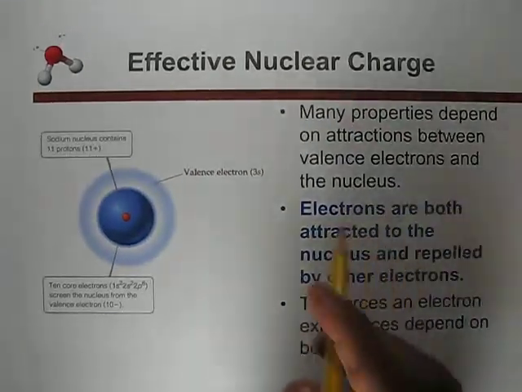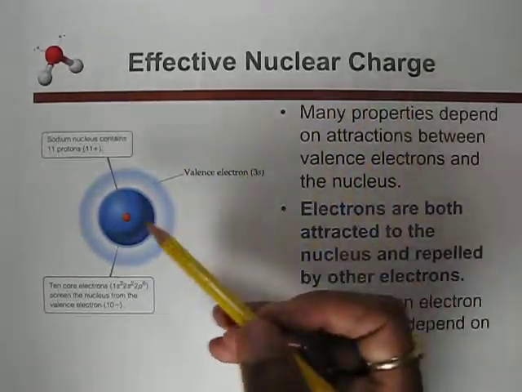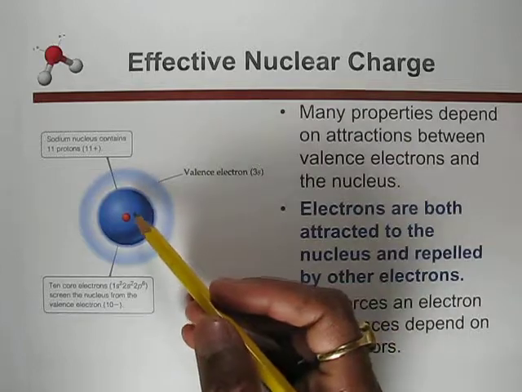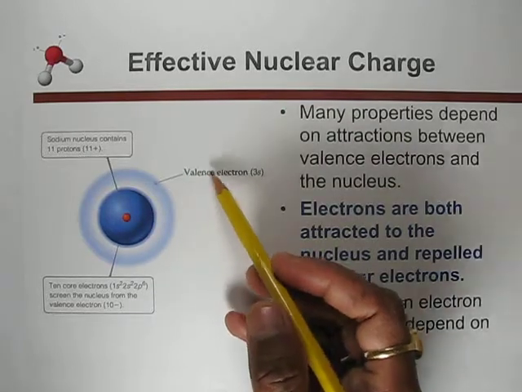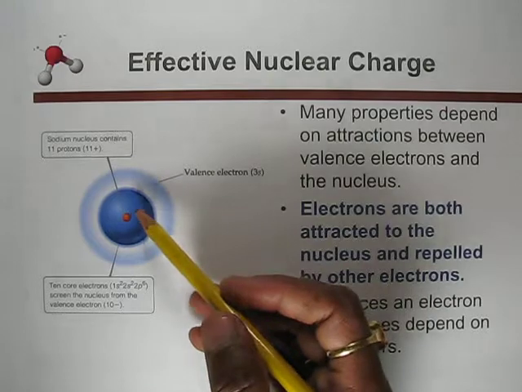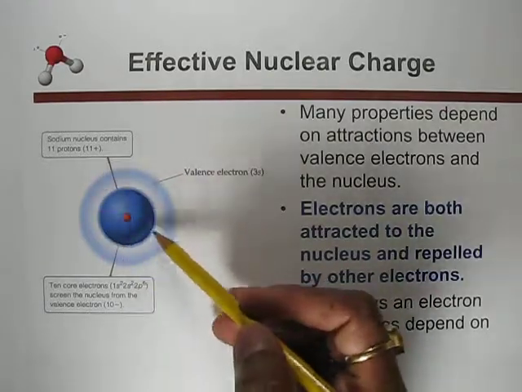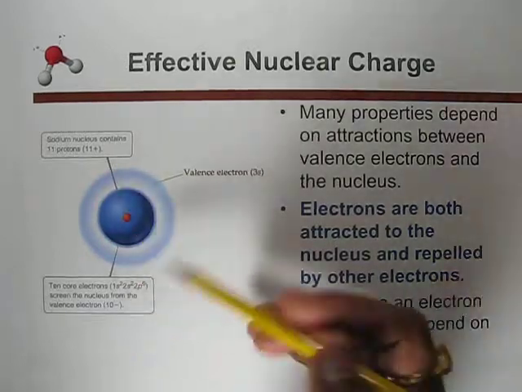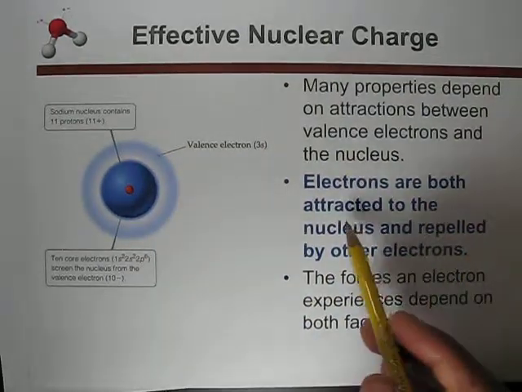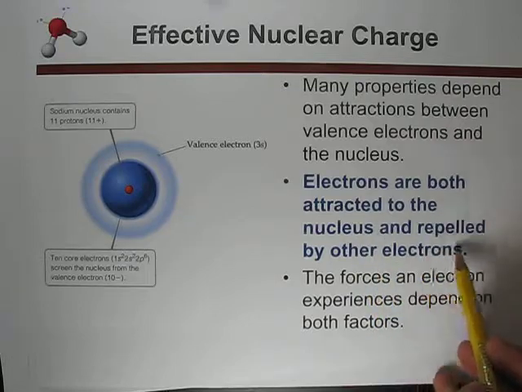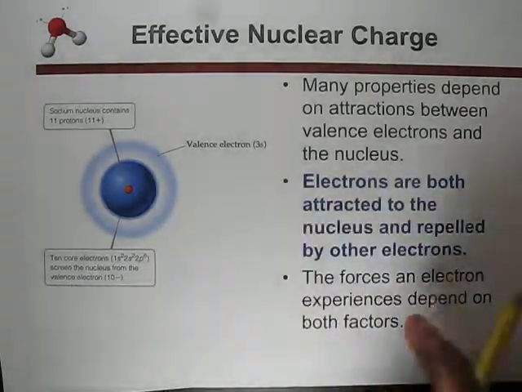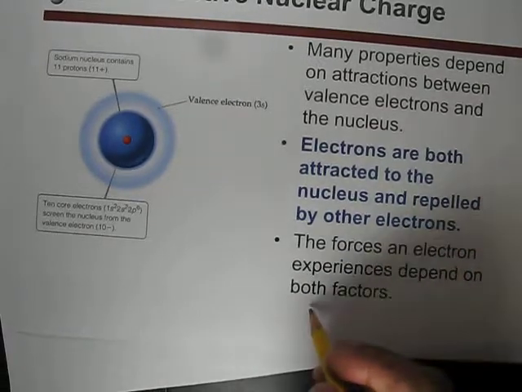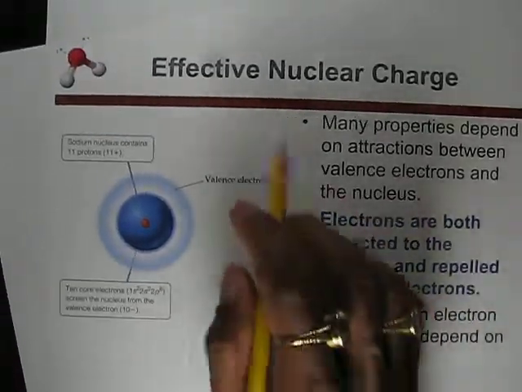Effective nuclear charge means the effective nuclear attraction which occurs on the valence electron due to repulsion of the inner core electrons. So electrons are both attracted to the nucleus and repelled by the electrons, and the force an electron experiences based on both factors is called the effective nuclear charge.